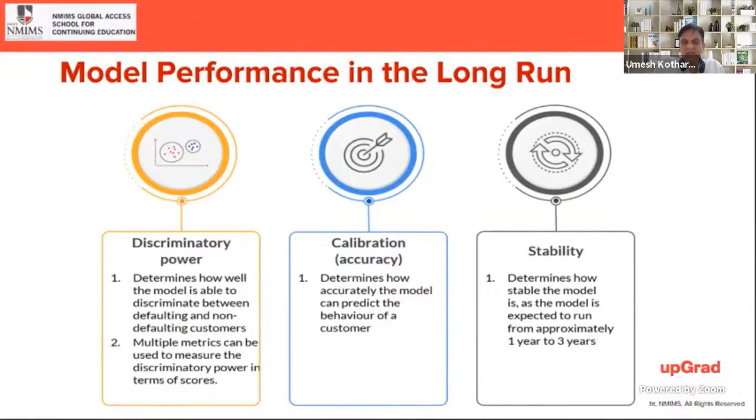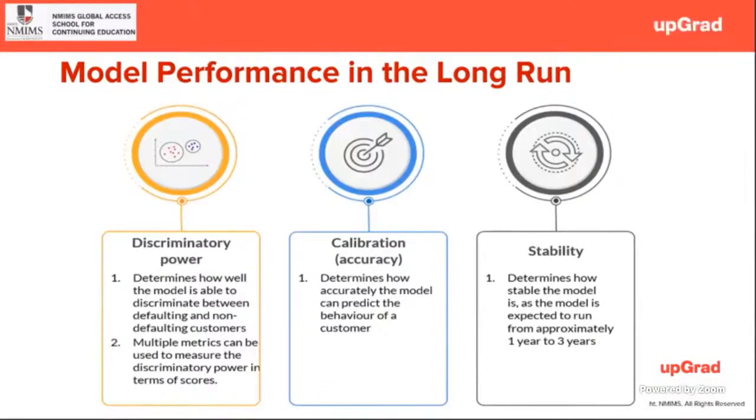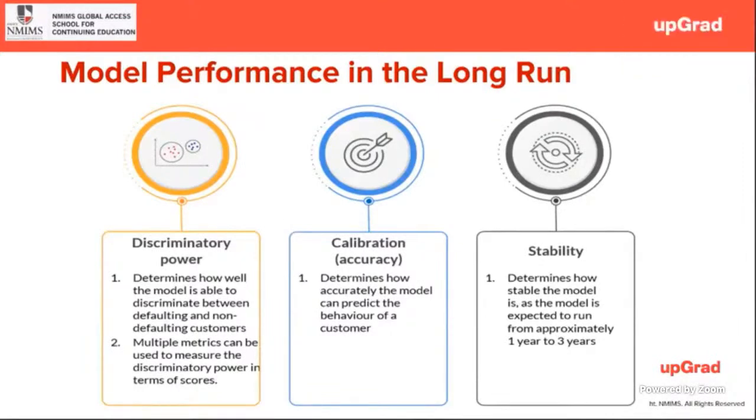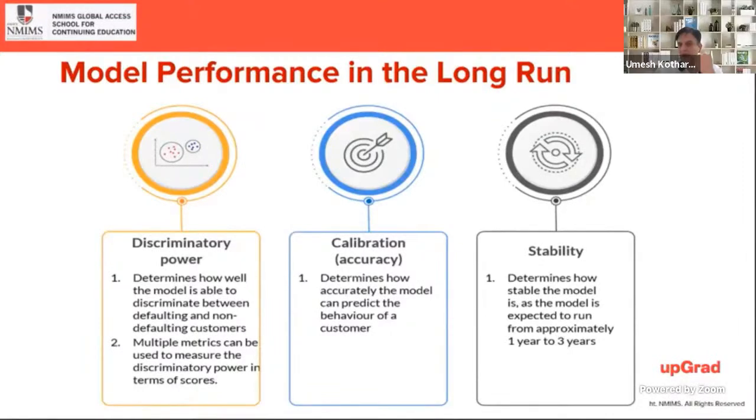Now, what do we understand by discriminatory power of the model? What is our objective? To differentiate between the defaulters and the non-defaulters. Correct. And why do we need to do that? For quality lending. Yeah, and why do we need that?